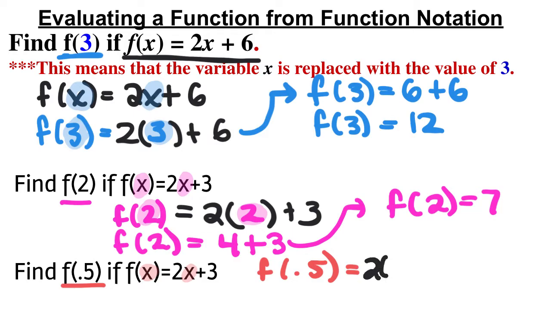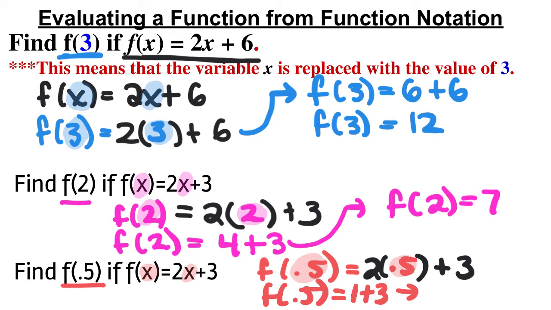So it's 2 times whatever the value of x is, plus 3, and I'm substituting 0.5 for x this time. What it becomes is 2 times 0.5 plus 3. So you would have f of 0.5 equals 1 plus 3, which gives you f of 0.5 equals 4.